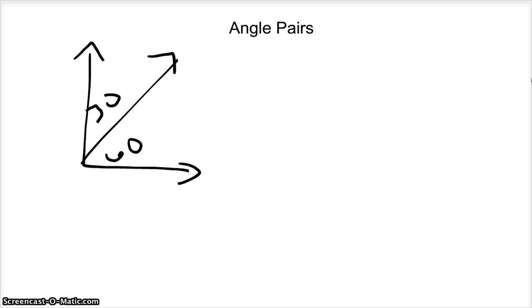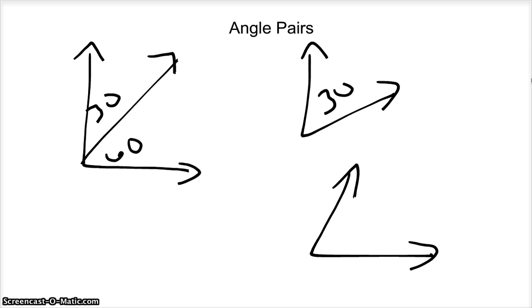So together they equal 90, so they're complementary. These angles are not adjacent. They do not touch each other, but they are 30 plus 60, which equals 90, which means they are complementary.